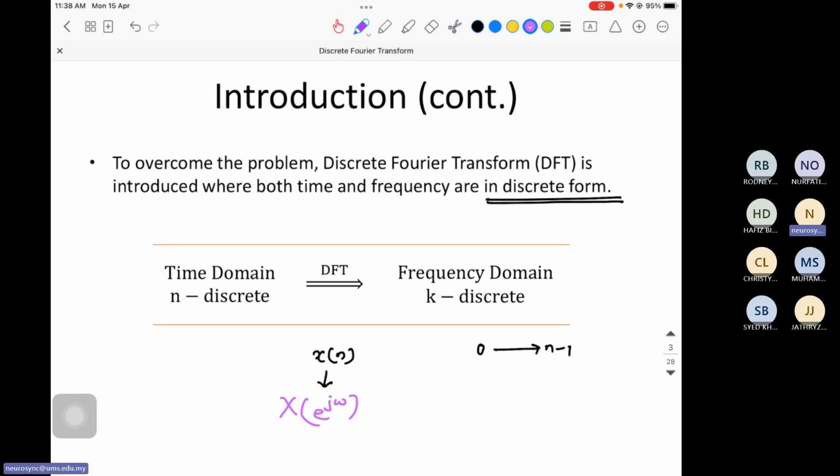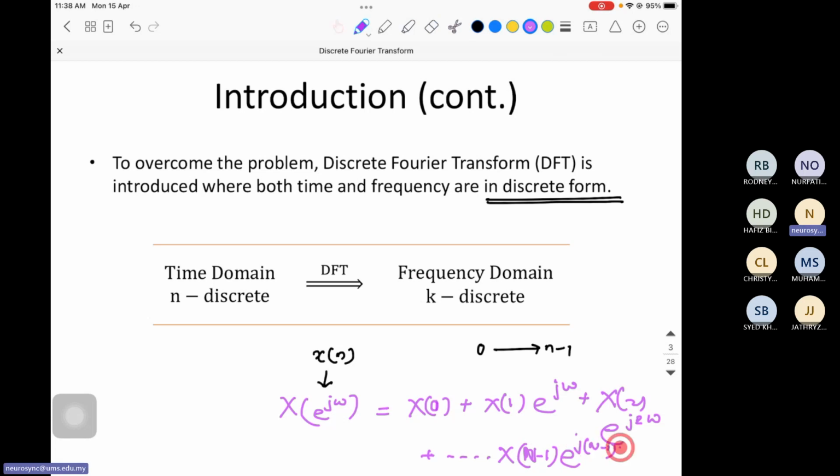If I expand this in discrete form, it is x of 0, plus x of 1 e to the power j omega, plus x of 2 e to the power j 2 omega, up to x of capital N minus 1 e to the power j capital N minus 1 omega.